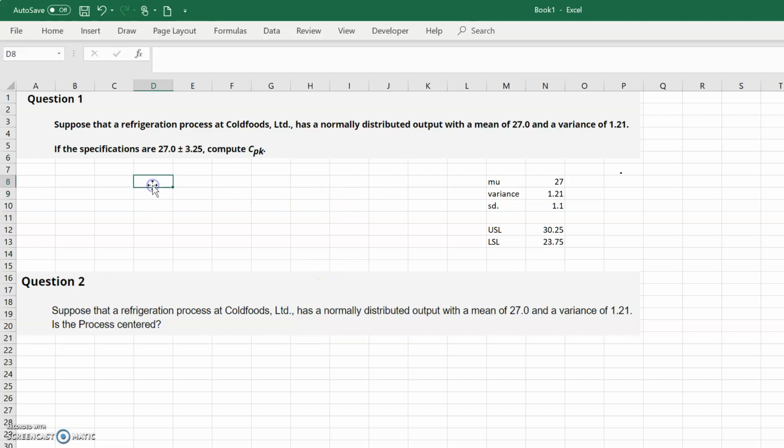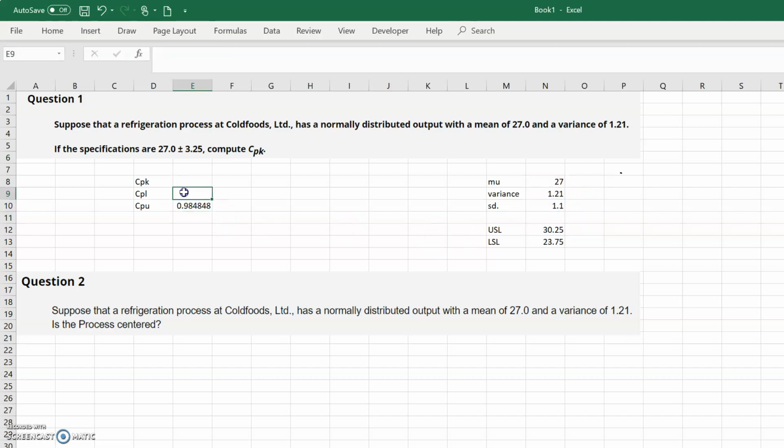So what is the CPK? Of course, for the CPK, you need to calculate both ends: the process capability for the lower part, CPL, and the upper part, CPU. The upper part process capability is the upper spec limit minus average, divided by 3 multiplied by the standard deviation.